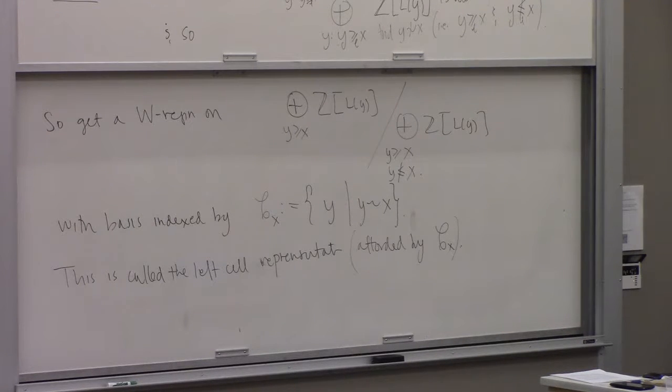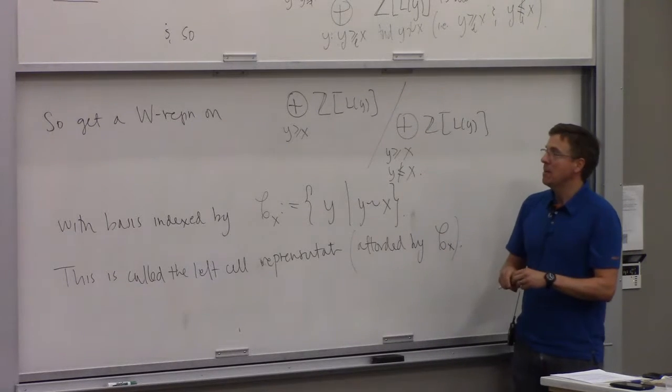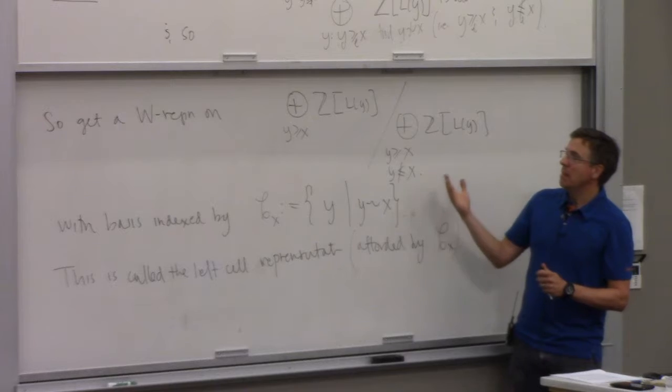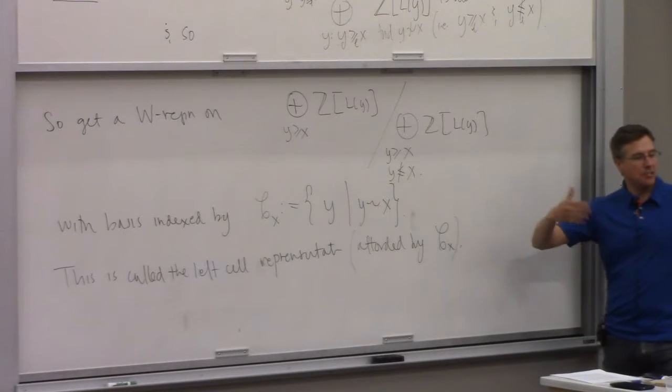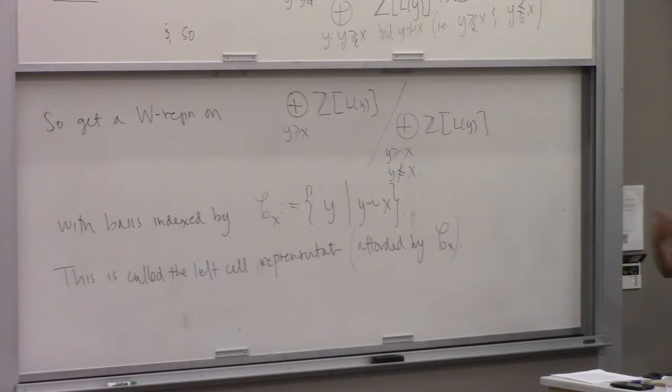That's the basic setup. We've got left cells and right cells in the Hecke algebra. The only way to compute them in perfect generality is to write down the change of basis matrix and follow your nose there.